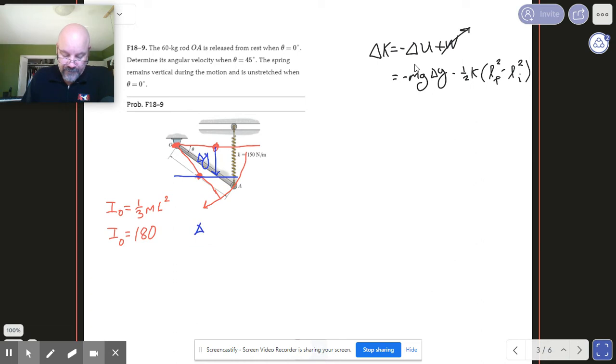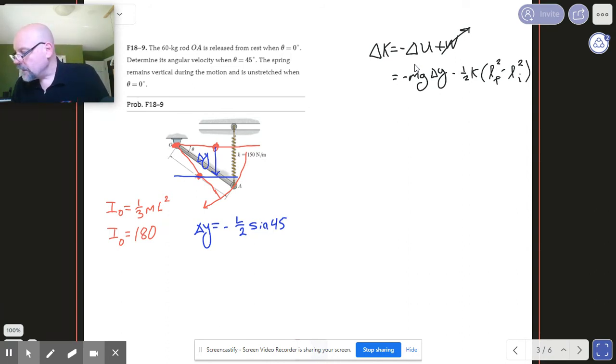It's going to be negative again. We're going to have half the length times the sine of, oops, not 30 degrees, 45 degrees. And that turns out to be, well, I didn't write it down, but you can figure it out. So there's our delta Y term, and we'll use that up here when the time comes.